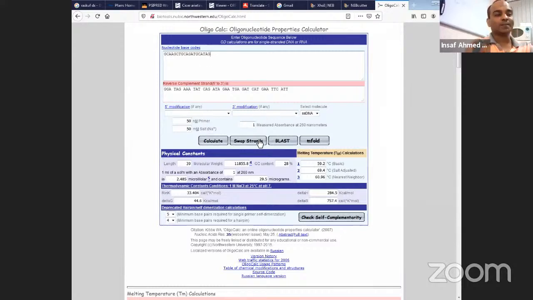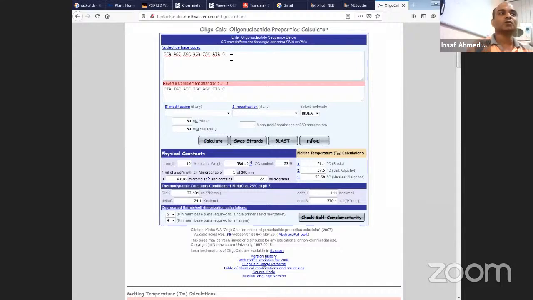Why do you have to swap? Because this is going to anneal with your strand, so it should be the reverse of this. That option you can see here, swap strand. Click on swap strand. Now it has gone up. Further, then it is back.